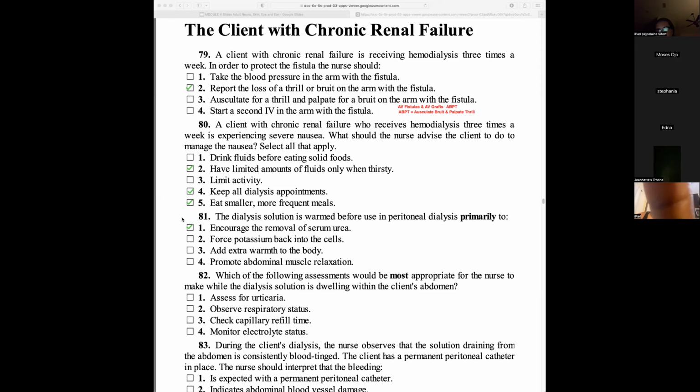All right, so 82. Which of the following assessments would be most appropriate for the nurse to make while the dialysis solution is dwelling within the client's abdomen? This is a good question.